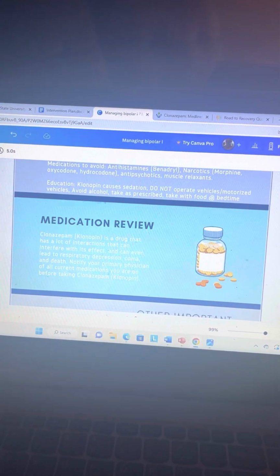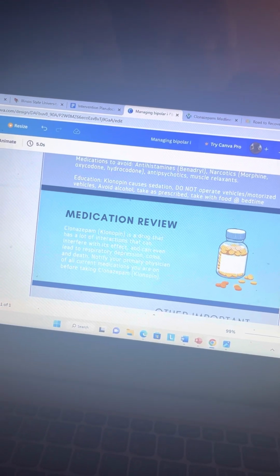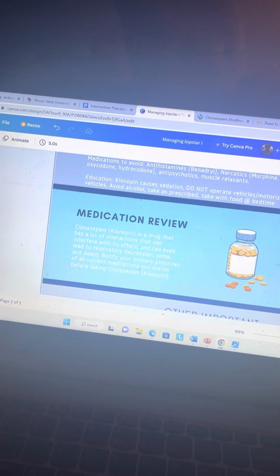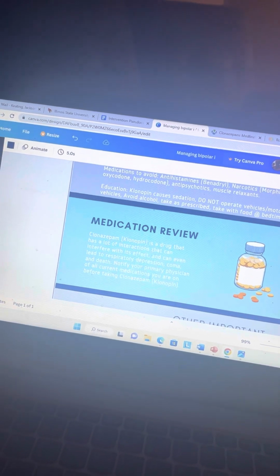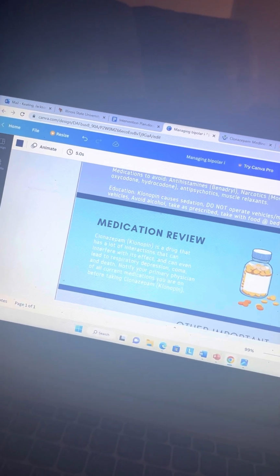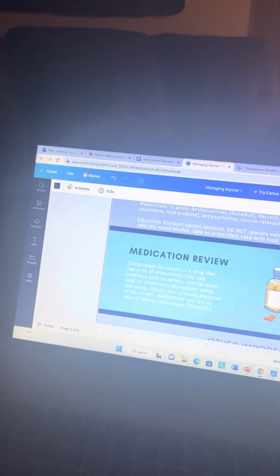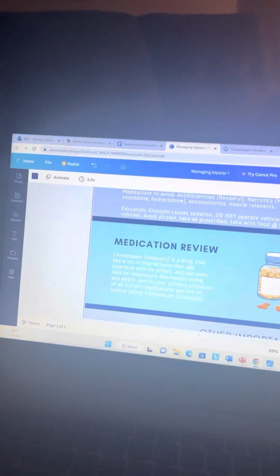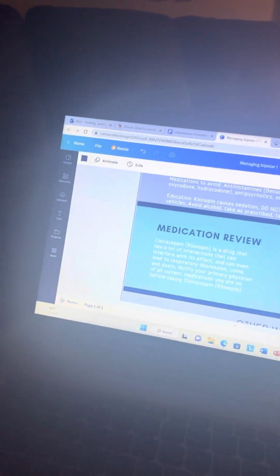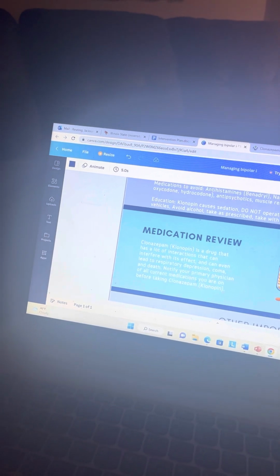This is essentially to let the patient know that it has a lot of interactions and they can interfere with the effect of the drug and lead to serious measures. I told them to notify their primary physician or pharmacist of all their current medications before they are on clonazepam.